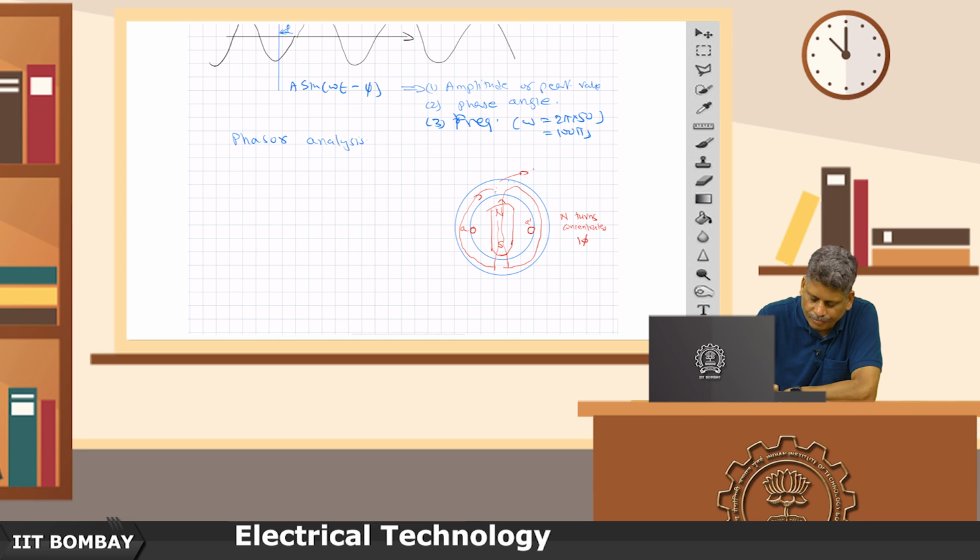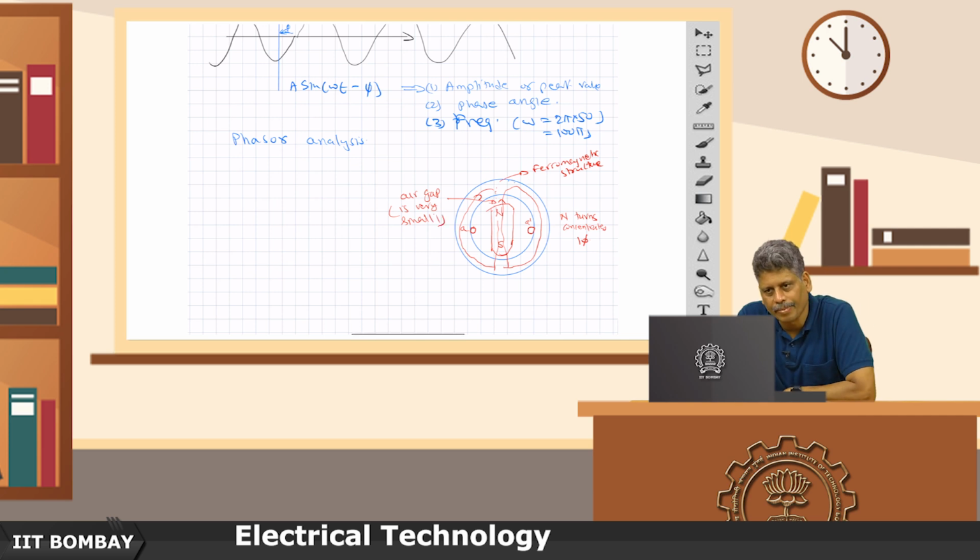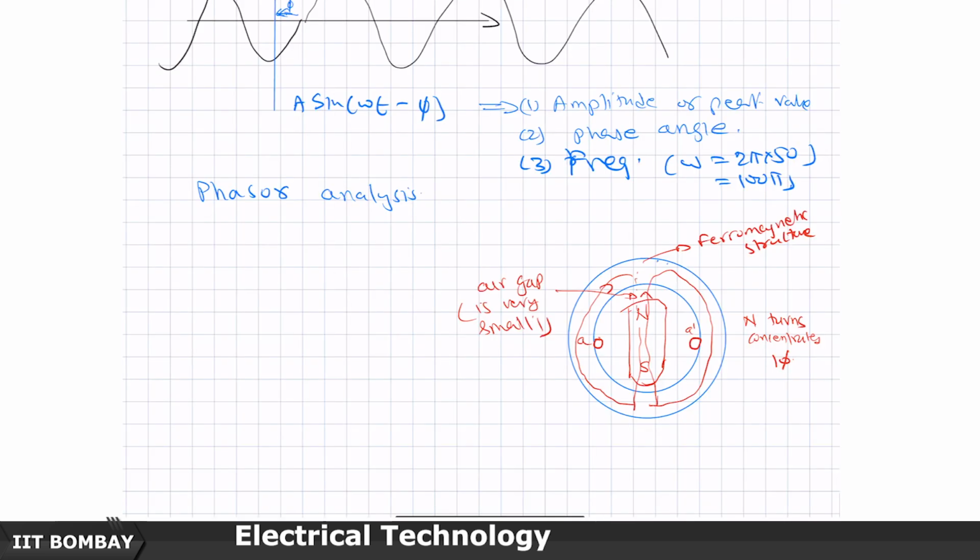This is a ferromagnetic structure to ease the development and flow of magnetic flux. This air gap which I have shown here is actually very small. For my ease of drawing, I have drawn a big air gap, but practically its purpose is to avoid friction, and really there is nothing more than that we want to do.